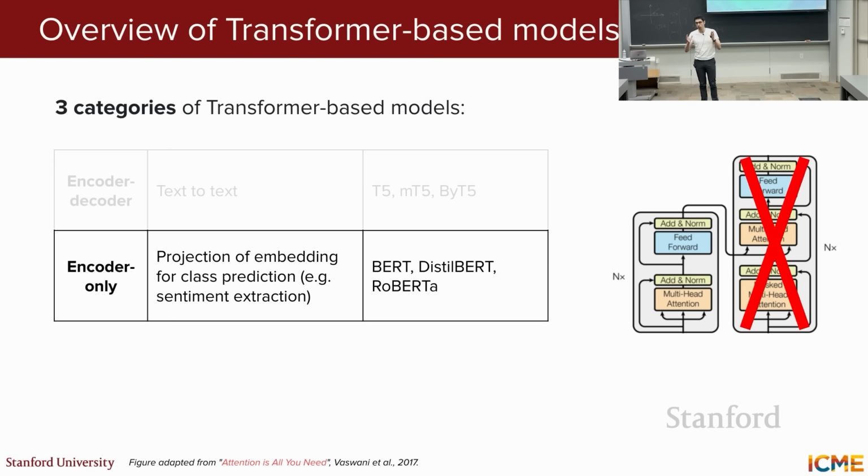This encoder has encoded representations that can be used for tasks that are more geared towards classification, like sentiment extraction, token classification, all of these things that used to be done with specific language models. They can be done with the encoder part of the transformer.